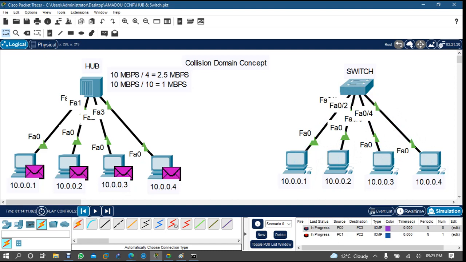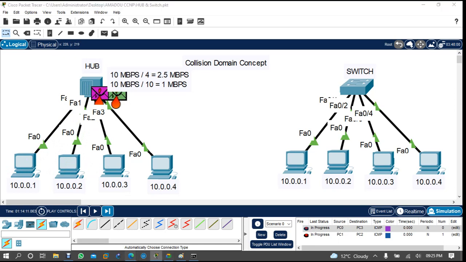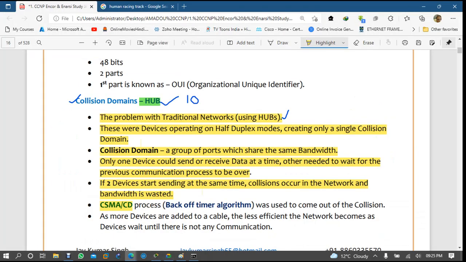Now let me show you from here. Data came here and, you can see, the data has collided.